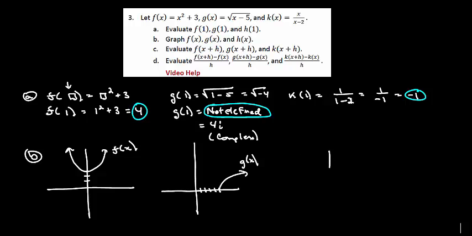And then our last one is x over x minus 2. This has a vertical asymptote at positive 2. It has a horizontal asymptote at 1.